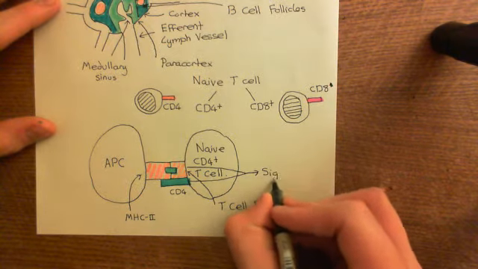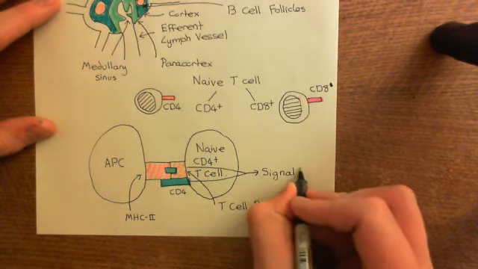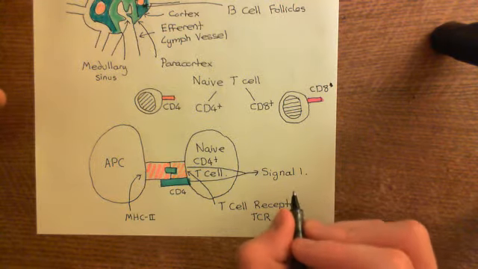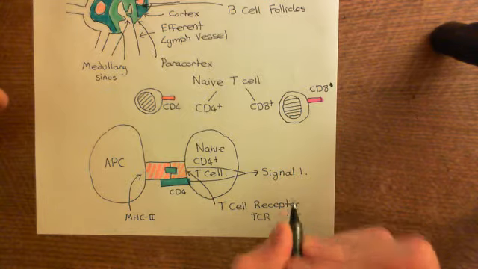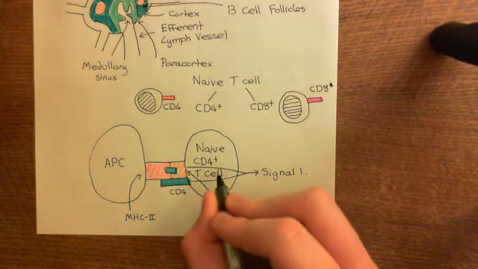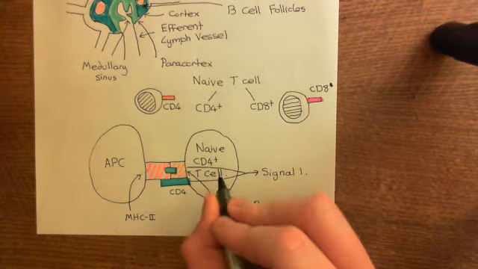So the naive CD4 positive T cell now receives signal 1 for activation. Signal 1 alone is not, repeat, is not good enough to activate this naive CD4 positive T cell.